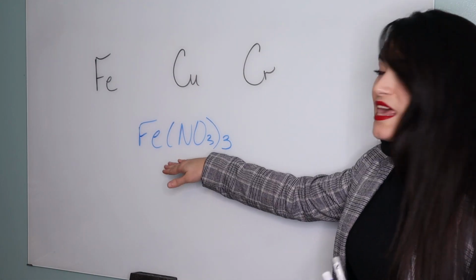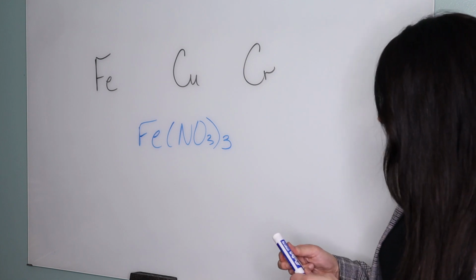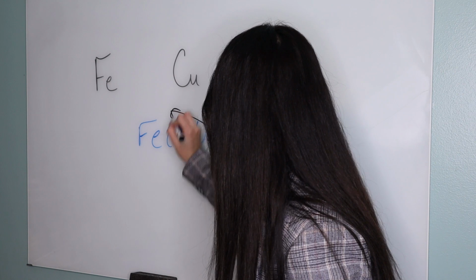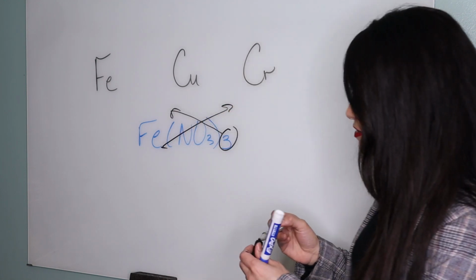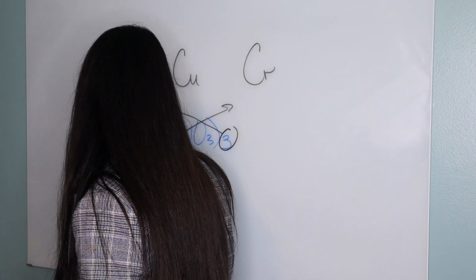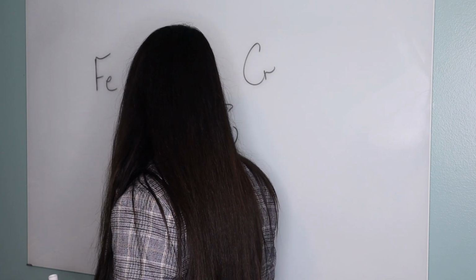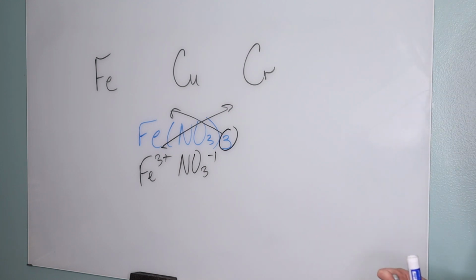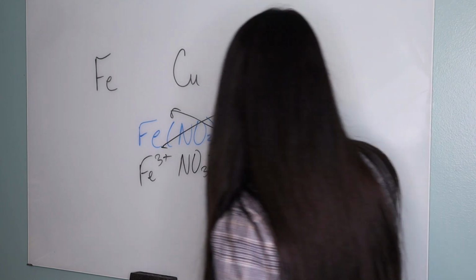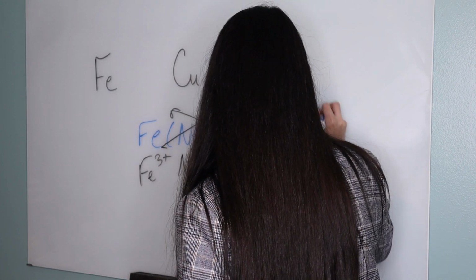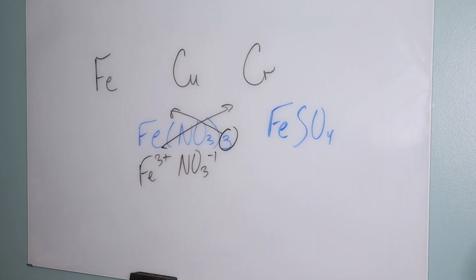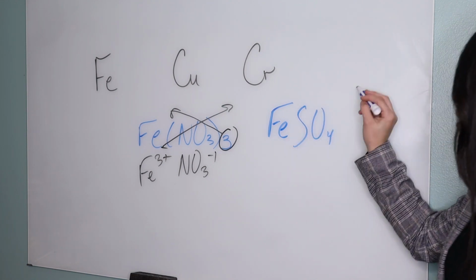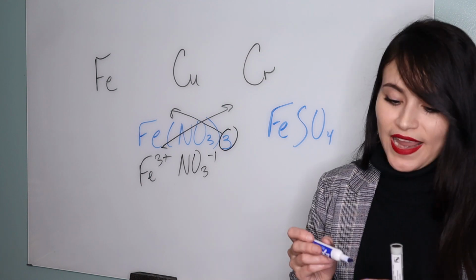So with a chemical formula like this, it's easy to go one step back and take this number and go up and across, and this number and go up and across. But what if we had something like this? And you're supposed to figure out what the charge is. You would then go ahead and take this number and go up, and this number and go up, but that is not going to work out.